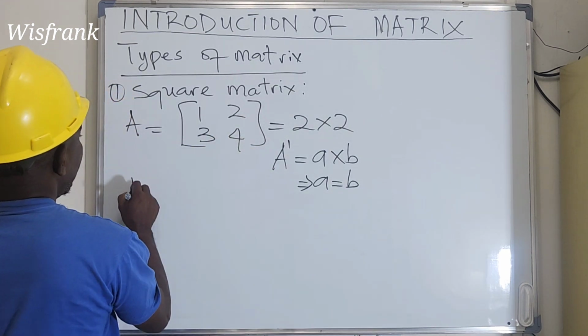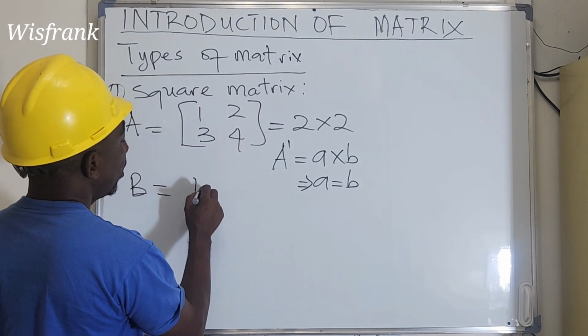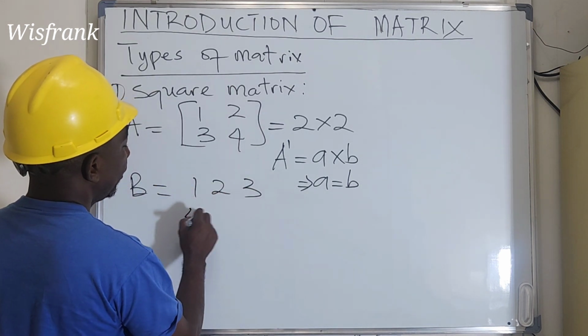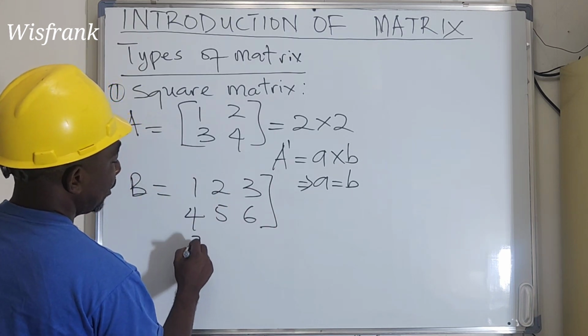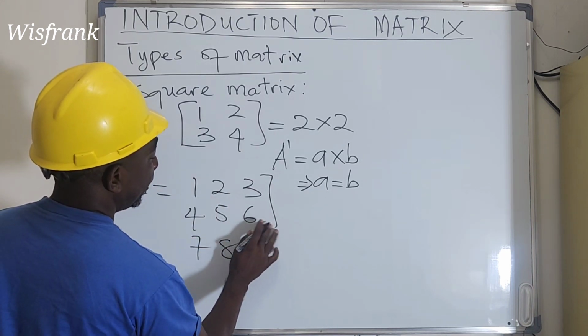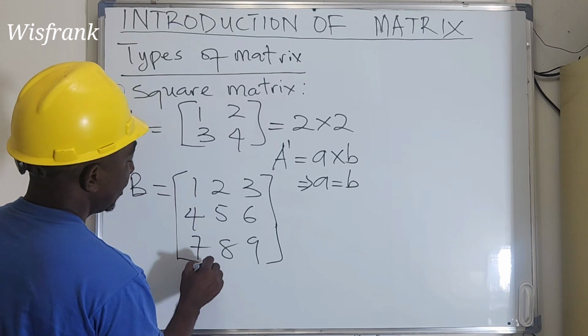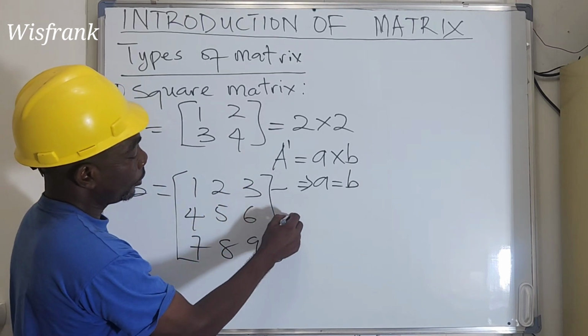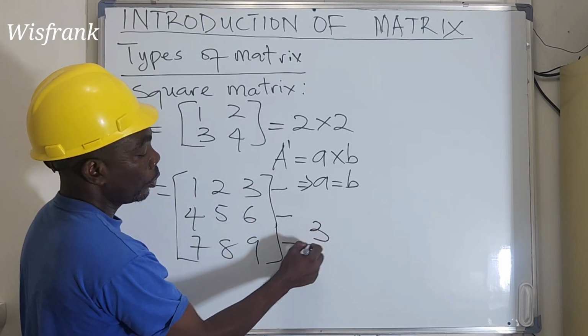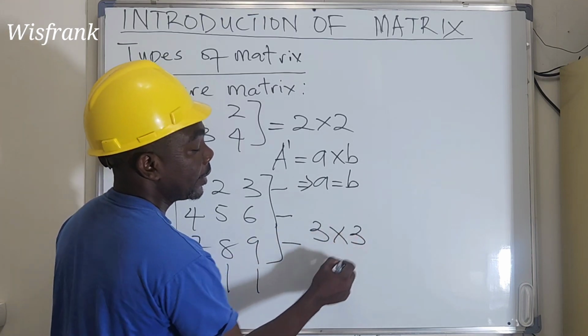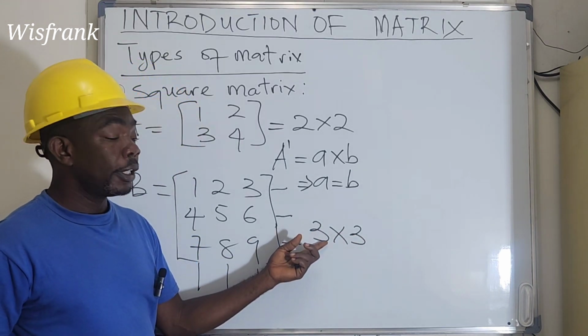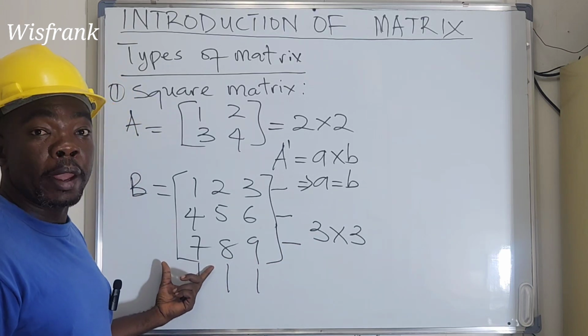The same thing applies here. Let's say B is 1, 2, 3, 4, 5, 6, 7, 8, and 9. We have 1, 2, 3 rows and 1, 2, 3 columns. That is a 3 by 3 matrix, and it is a square matrix.